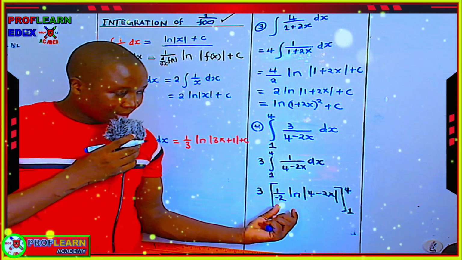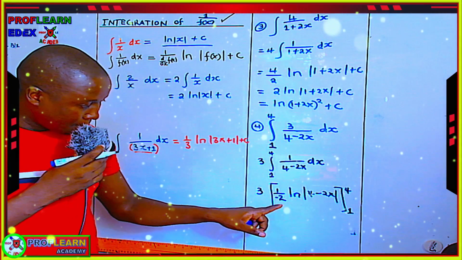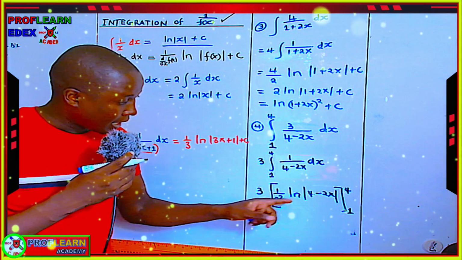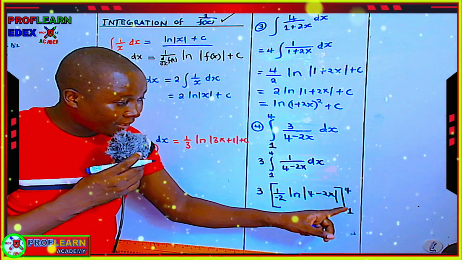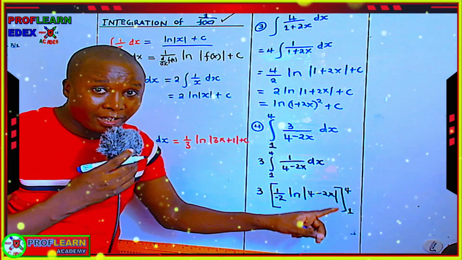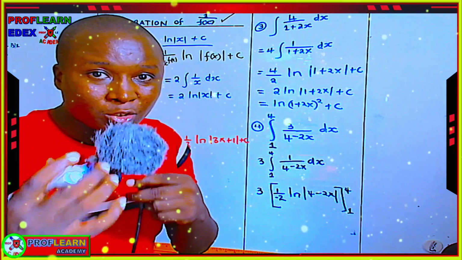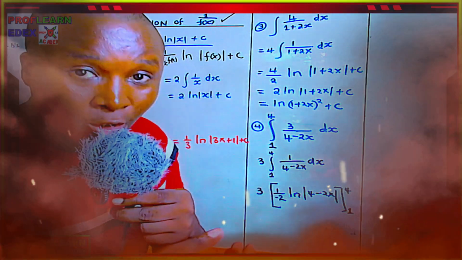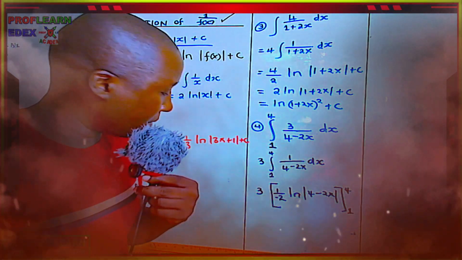Now, since this number here is a constant, and it's not going to be affected by the limits that we have at this point, what we're going to do is take that constant out so that our expression can be simplified.